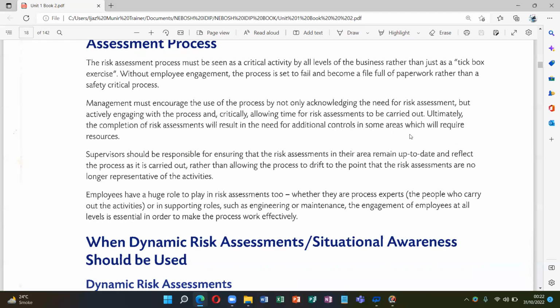Employees have a huge role to play in the risk assessment too, whether they are process experts, the people who carry out activities, or in supporting roles such as engineering or maintenance. The engagement of employees at all levels is essential in order to make the process work effectively.